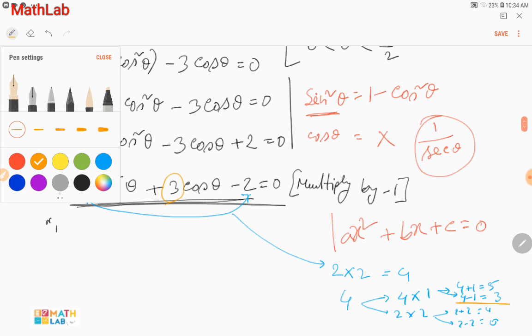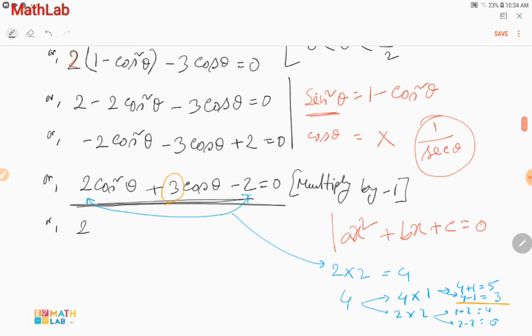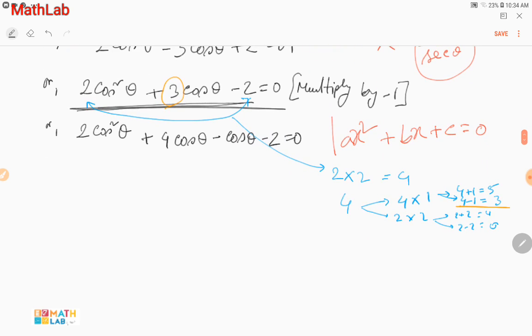So we can write this equation in this form: 2 cos squared theta plus 4 cos theta minus cos theta minus 2 equal 0. Now take common 2 cos theta, we will get cos theta plus 2.